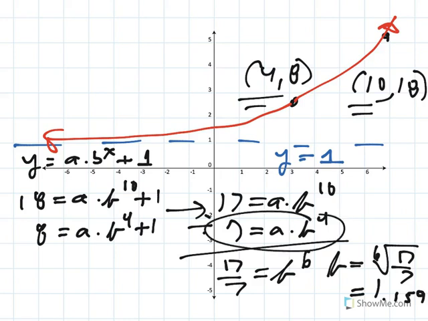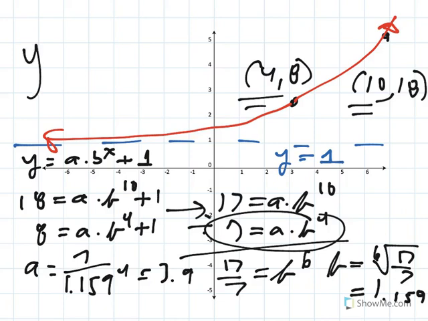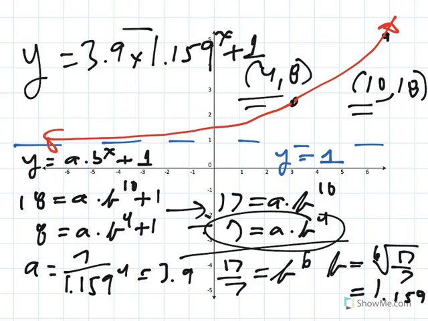And I'll take this equation here and do a is equal to 7 over that 1.159 to the 4th power. And we get about 3.9. So this one would be y is equal to 3.9 times 1.159 to the x power. Don't forget, plus 1.